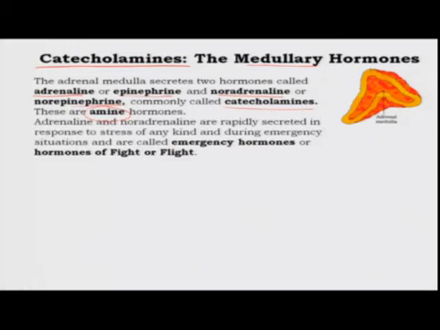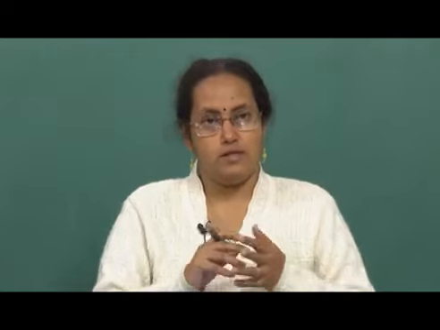Adrenaline and noradrenaline are rapidly secreted in response to stress of any kind and during emergency situations. If you recall, when I talked about the nervous system, I mentioned that there is a peripheral nervous system which has two branches, the parasympathetic and sympathetic systems.